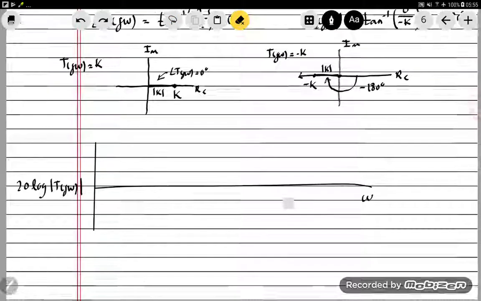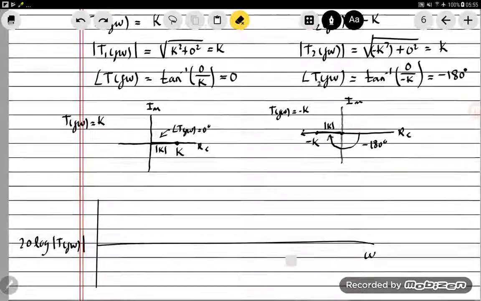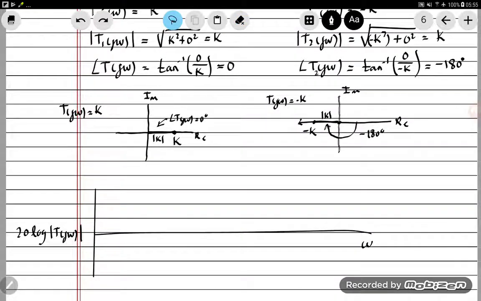Let's have a look at what our magnitude was for positive K. We know the magnitude of the frequency response transfer function is K, so we take 20 log of that, which is equal to 20 log of K.